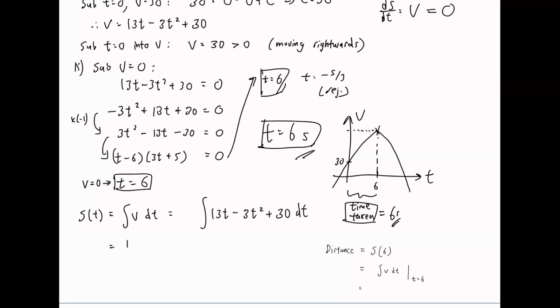What do you get? 13 over 2 t square minus t cube over 3, 3 cancel, plus 30t plus c. Okay, but t equals 0, s equals 0. Therefore, c equals 0.